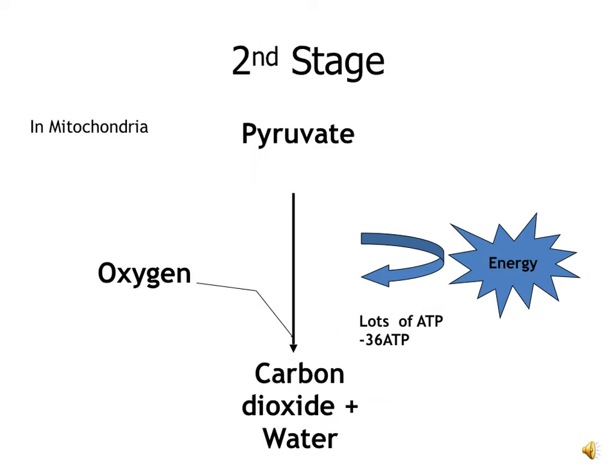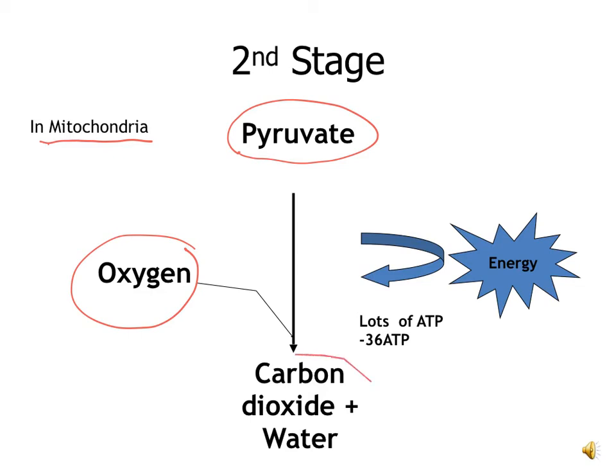The second stage of aerobic respiration occurs in the mitochondria, and for it to occur, it needs oxygen. And what happens here is that the pyruvate that is here is further broken down. Now, there's lots of stages in between here, but fortunately you don't need to know the detail about all of these. But what you do need to know is that the pyruvate is broken down, and eventually carbon dioxide and water are produced.